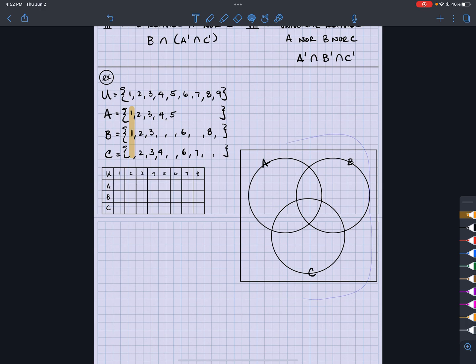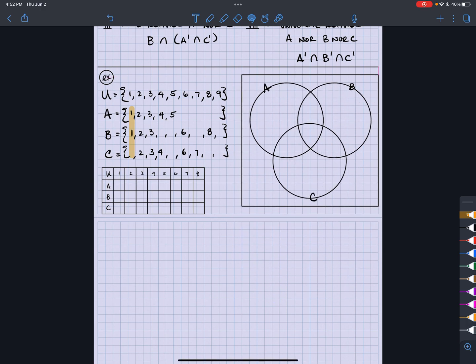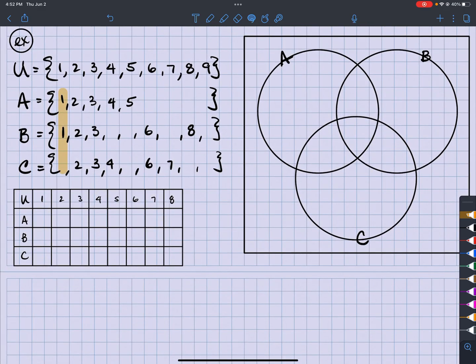So I'm going to take this 3 set thing here and put it right up here. All right. And okay, so if you look at this, 1 is shared by A and B, but not C. So it tells me that the 1 is right here in this little triangle here, right? Because there's no part of it that is in C. Now, 2 is in all 3.